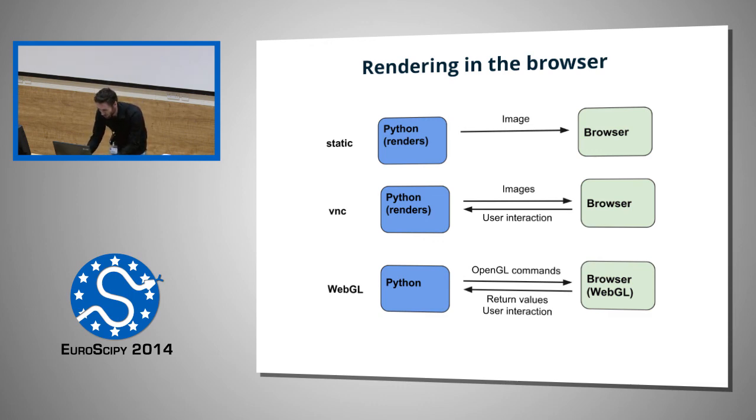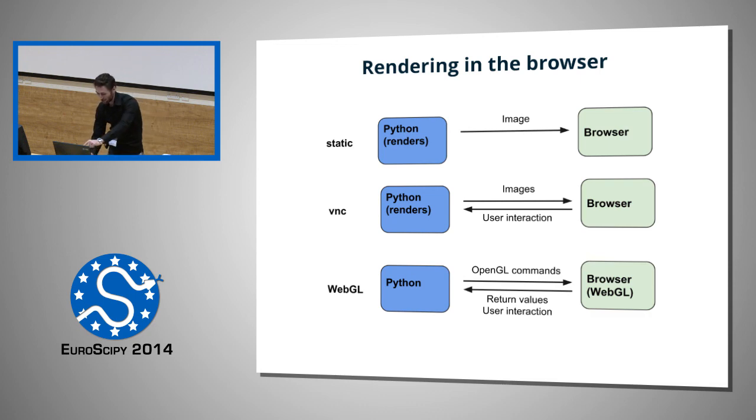So the other approach that we've implemented, by the way, was done by the Google Summer of Code students. Right now, instead of having one image which is being sent, you constantly keep updating this figure, and at the same time, in the browser, you are collecting user interactions, and you can send these back to the process where they're just entering the normal vispy workflow, and you have a fully interactive visualization.